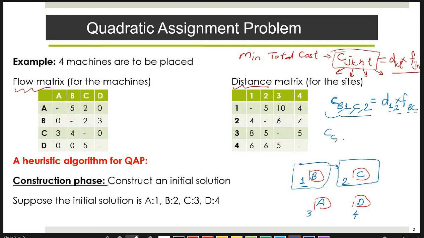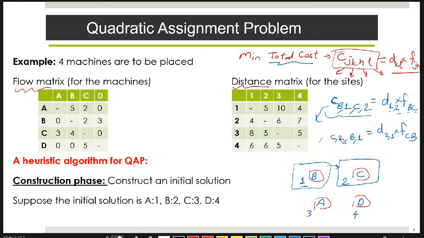Cost of C located to 2, B located to 1, and it will be D21 multiplied by FCB. So the first one calculates the cost if we transport material from B to C. The second one calculates the cost when we are moving material from C to B. And in our objective function, we need to calculate both of them separately and add them up.